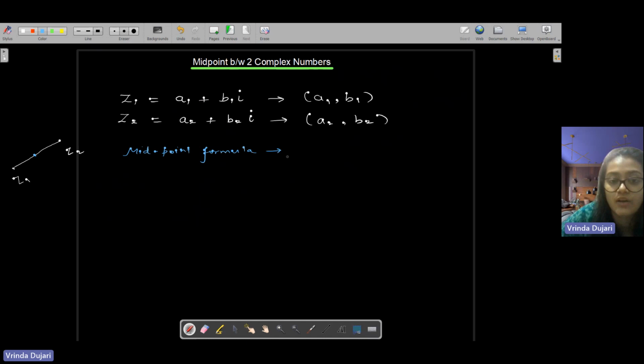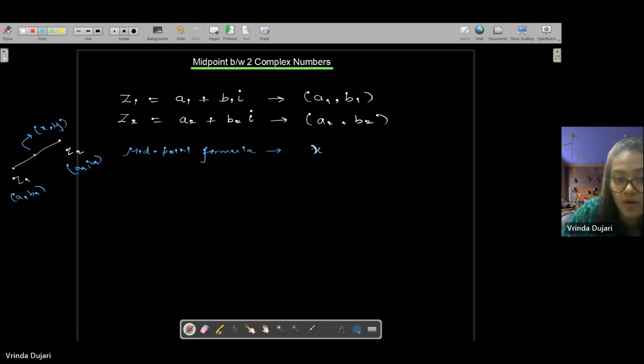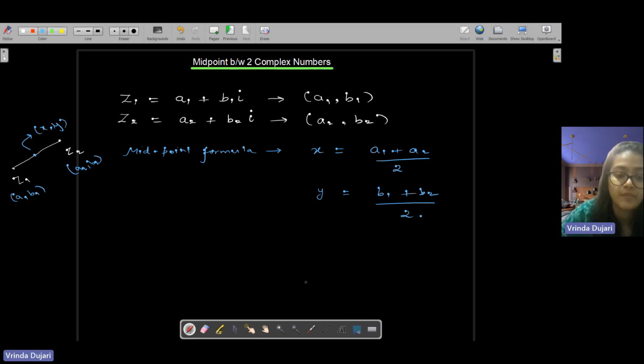The midpoint formula is given by: if this point has coordinates A1, B1, and this point has coordinates A2, B2, then the coordinates of the midpoint, let's say X, Y, are given by X equals A1 plus A2 divided by 2, and Y equals B1 plus B2 divided by 2.